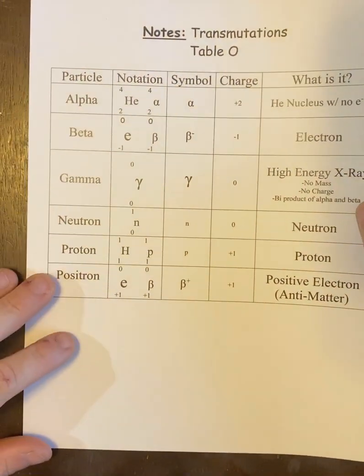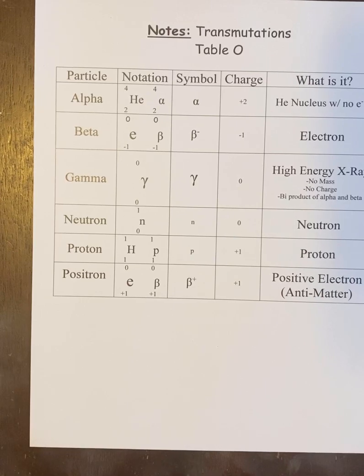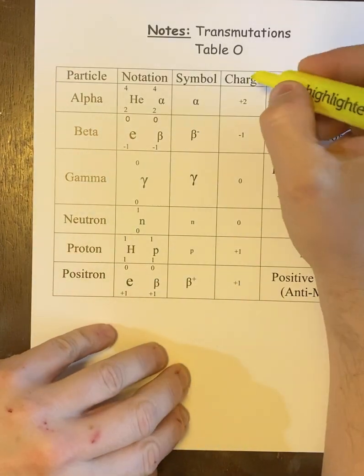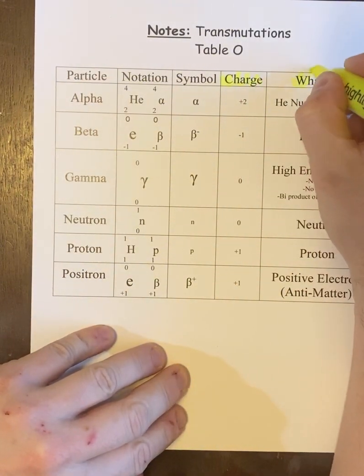Now, this is what your Table O looks like. You have this on the back of your reference table. The only difference is you don't have the charge column and you don't have the what is it column. So these two columns you're going to add in. You could do this in two ways.